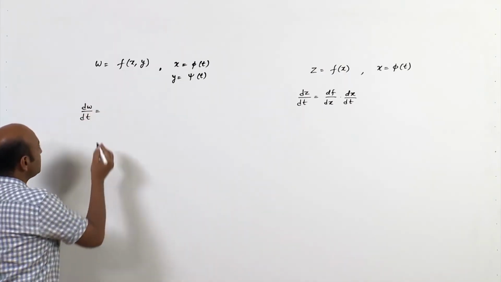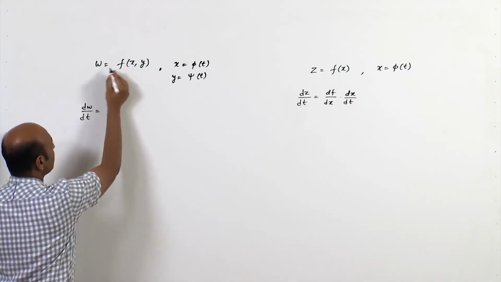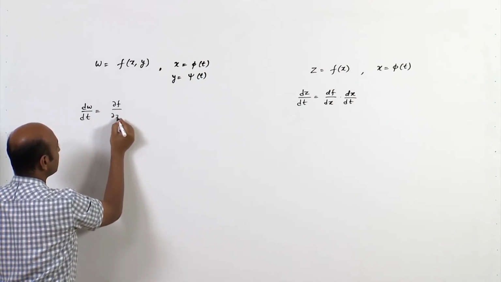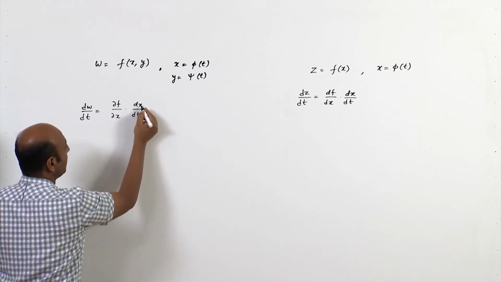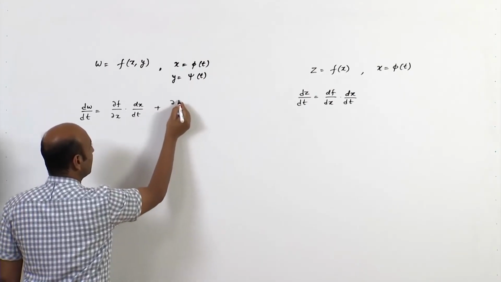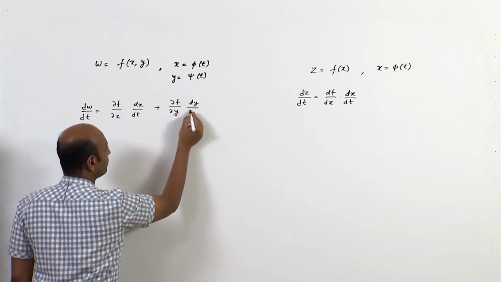This dw by dt can be written as del f by del x into dx by dt, because x is a function of only one variable t, plus del f by del y into dy by dt.